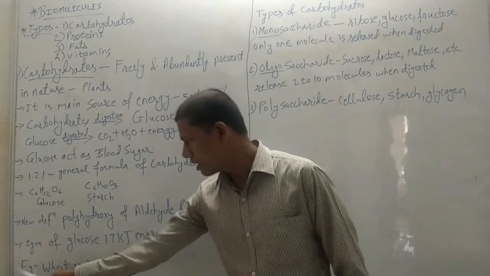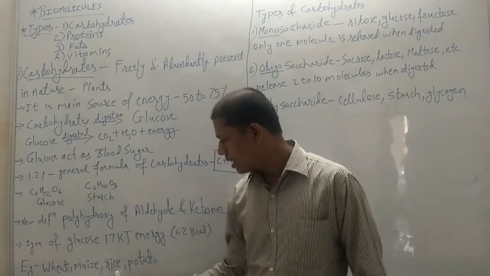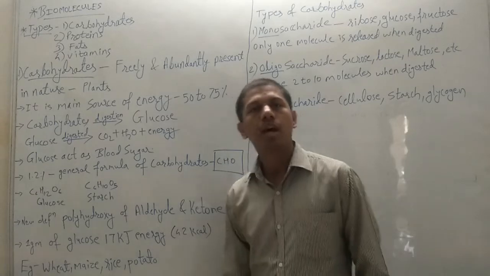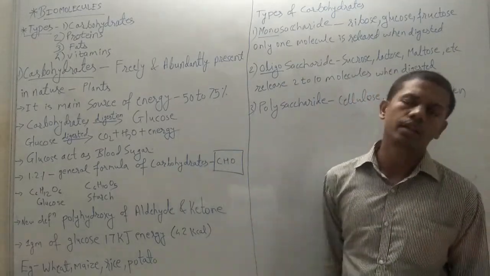Examples of carbohydrates are wheat, maize, rice and potato.